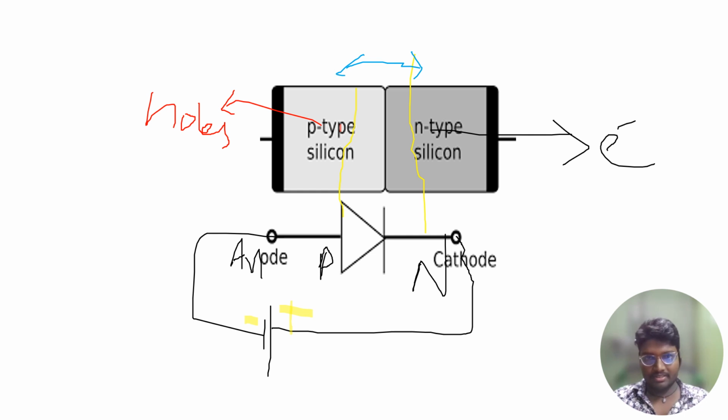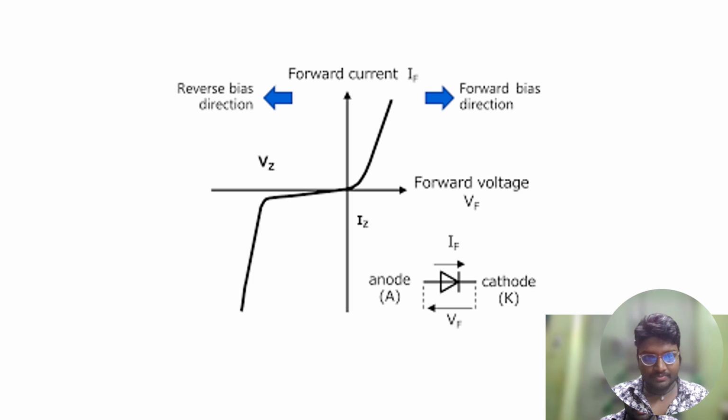Here the width increases, so we can't transfer carriers from the n-type material into the p-type material, but practically we are getting microamps of current. So in the next slide there are the IV characteristics of forward biasing and reverse biasing.